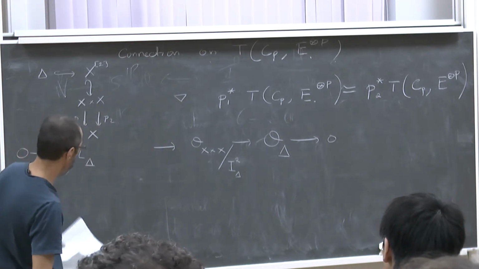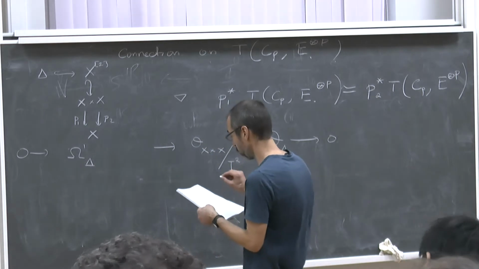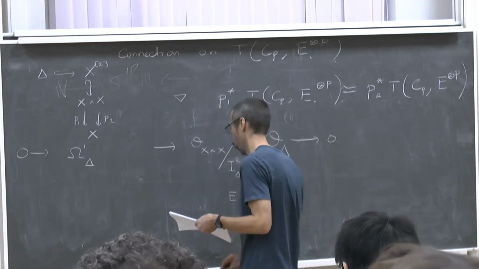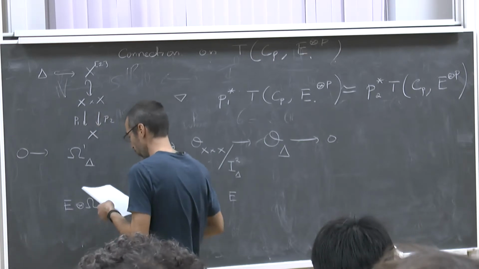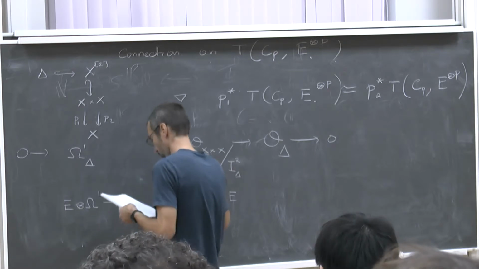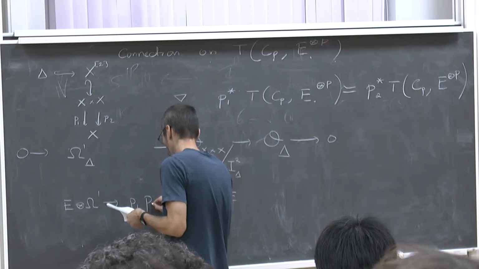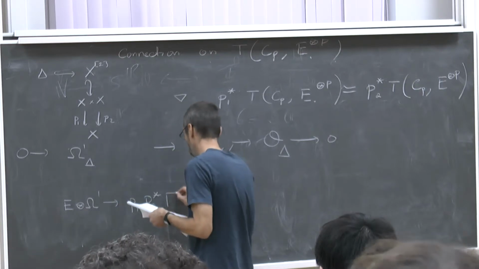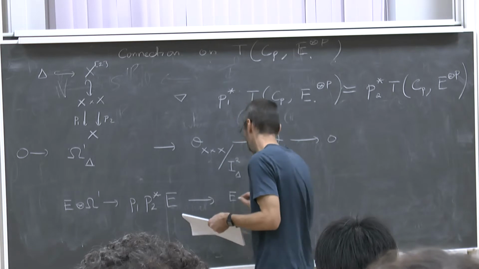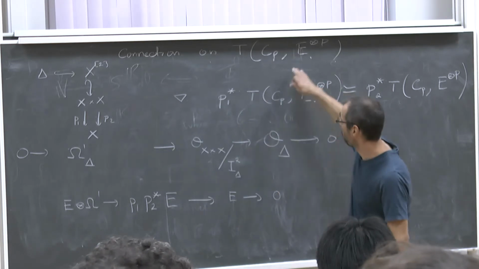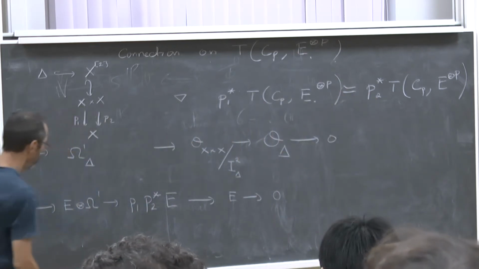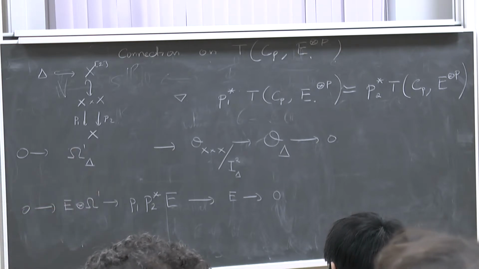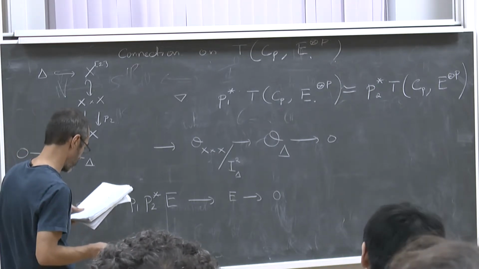For every O_X-module E, it gives rise to an extension of E by E tensored with Omega^1. That's called the Atiyah extension. Giving a connection on a sheaf amounts to splitting this short exact sequence. The construction works for any complex, but to simplify notation, I assume that my E is a single sheaf. Otherwise, it would be a short exact sequence.